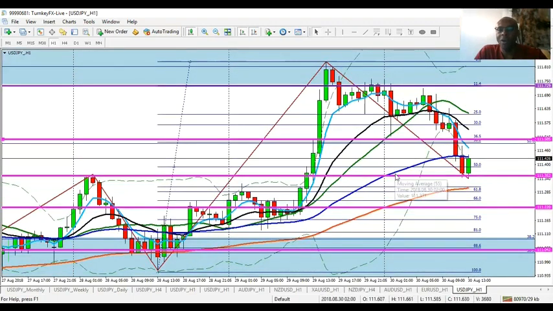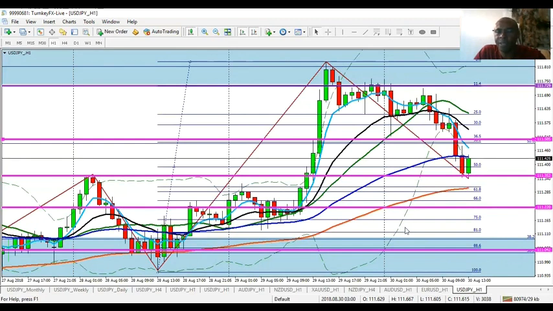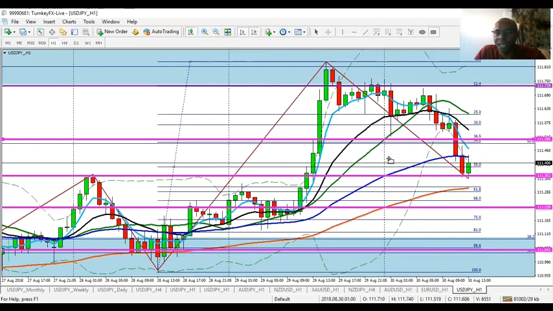Okay, so now we're going to create our zones for today. We always go to the first one, the 20 Bollinger Band. We notice here's a 38.2, so we're going to go from this horizontal to the 38.2 of this Fibonacci we just drew. So we're going to get our rectangle and give it a different color.